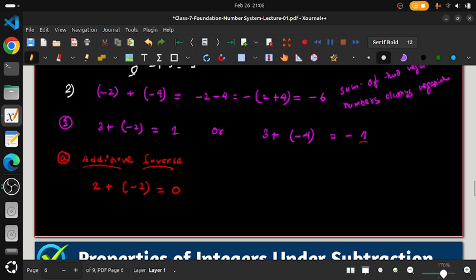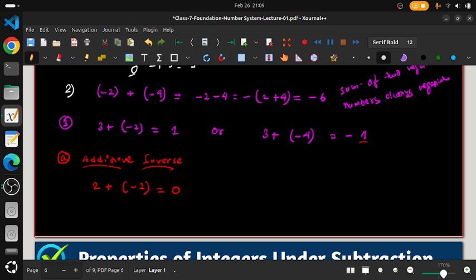When the sum of two integers is 0, then one integer can be called the additive inverse of the other.